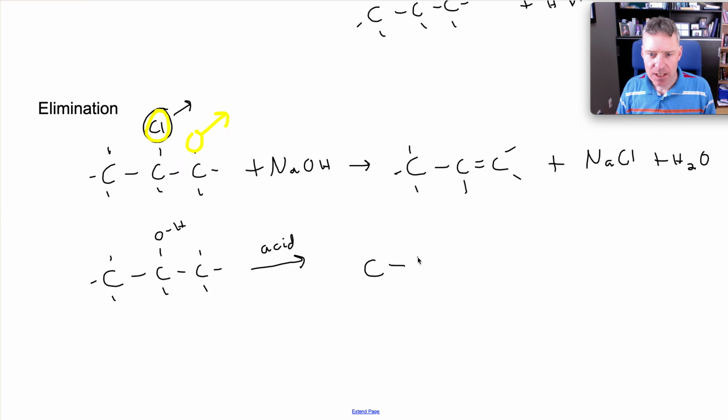So same type of circumstance. Our 3 carbons are going to end up with a double bond. Our acid is going to help remove this, and then to either side, we're going to remove an H. Now, in both of these examples, whether you remove it from the right or the left, it's in the one position. So that's why I'm only writing one product.